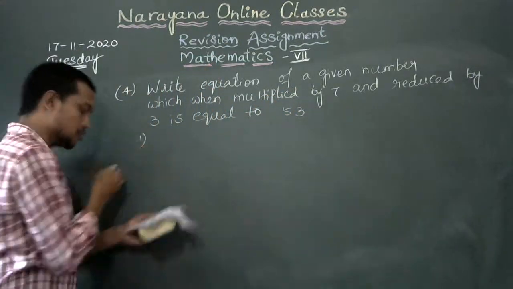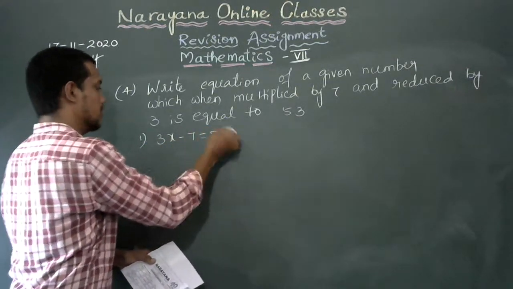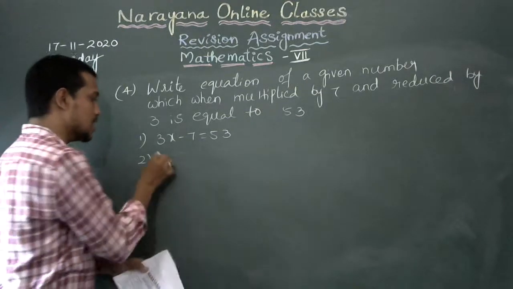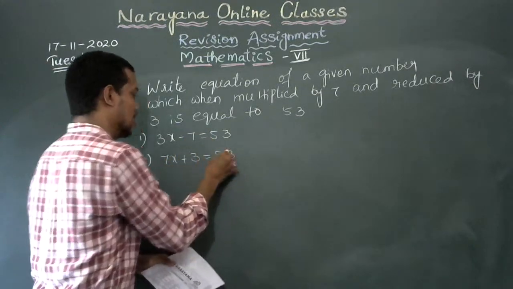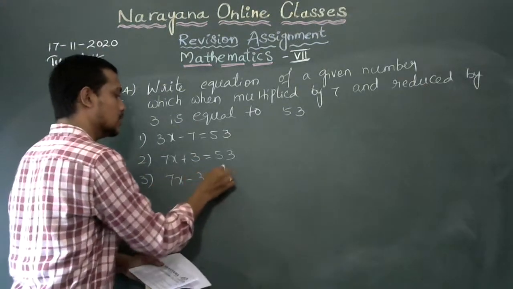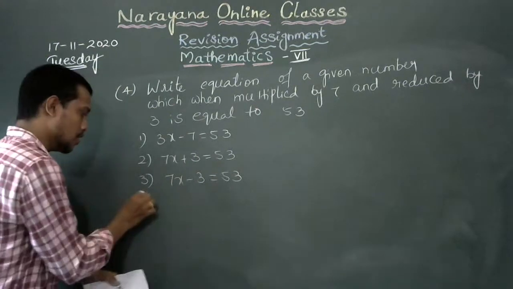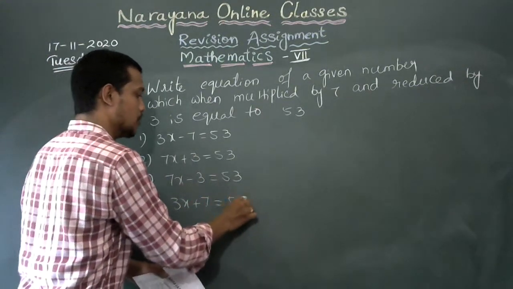Now options. First option 3x minus 7 equal to 53. Second option 7x plus 3 equal to 53. Third option 7x minus 3 equal to 53. Fourth option 3x plus 7 equal to 53.